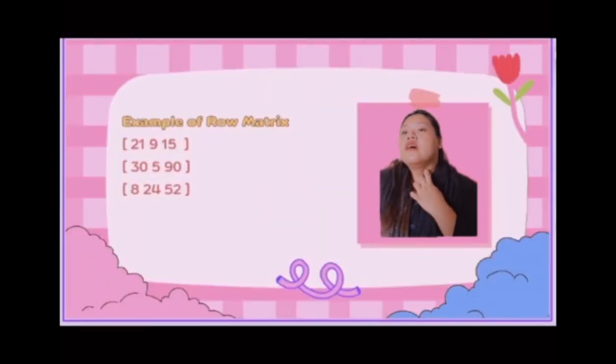So next, for the example of a matrix with 3 columns and 3 rows, the first column is 21, 30, and 8, and the first row is 21, 9, and 15.